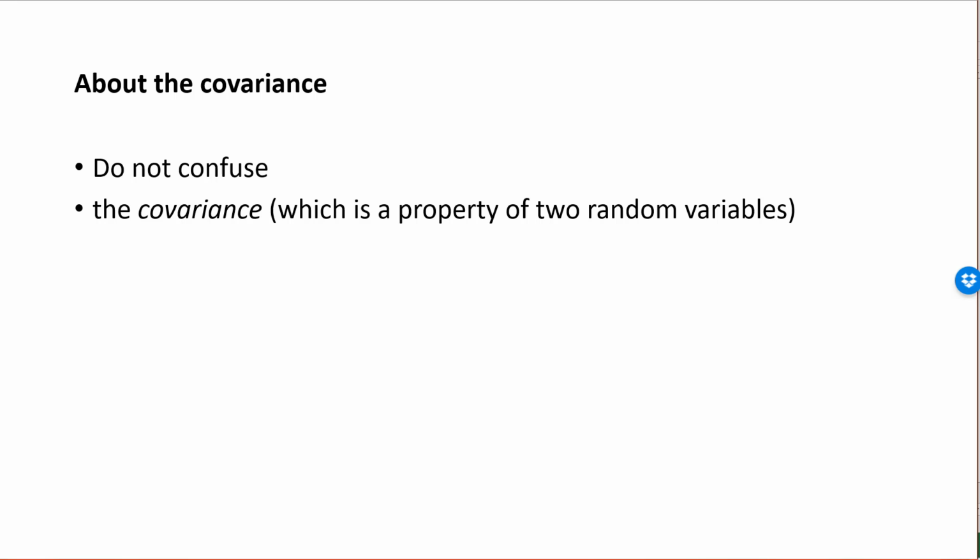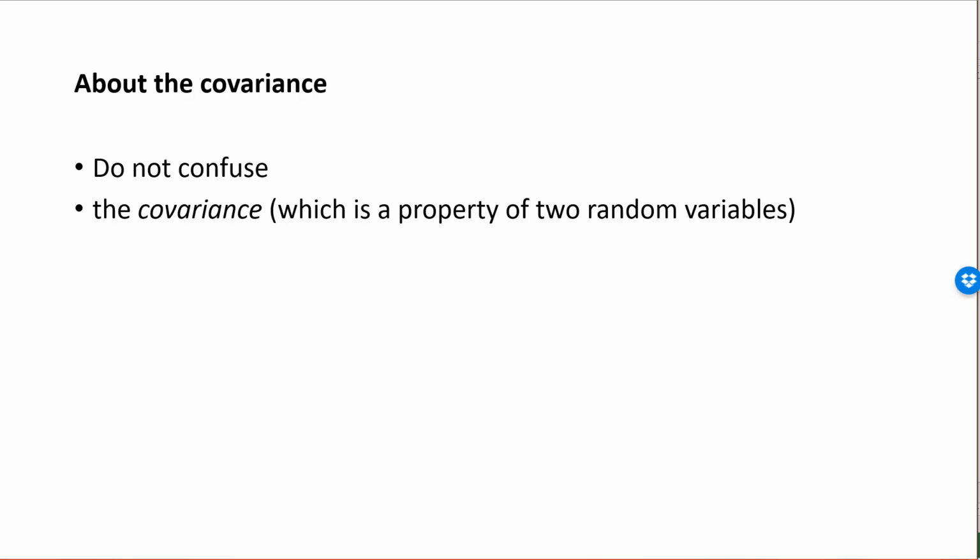The sample covariance, on the other hand, I need a sample to calculate that. But we do have the case that in some circumstances, the sample covariance can be used as an estimator for the covariance if that's unknown. But keep them apart. The same thing goes, of course, for the sample correlation and the correlation.